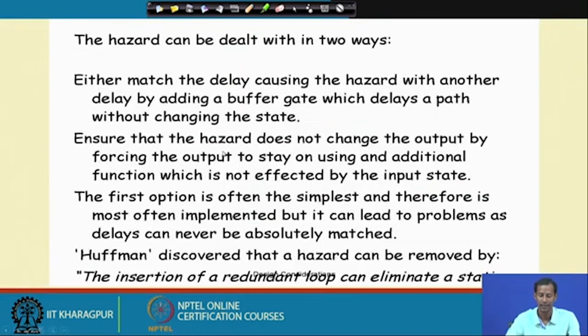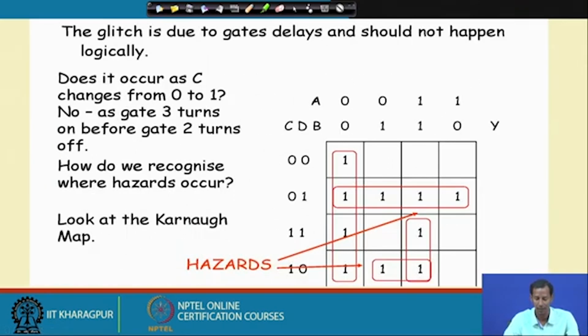Another thing that I said is that you put some redundant logic. Okay. So, redundant logic means, suppose for the corresponding logic, you put the expression of y into a Karnaugh map.